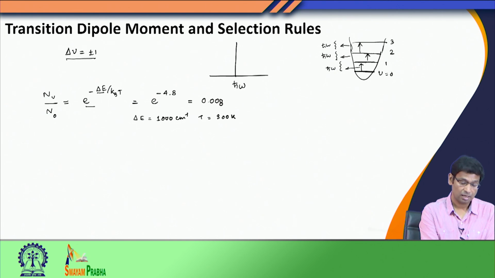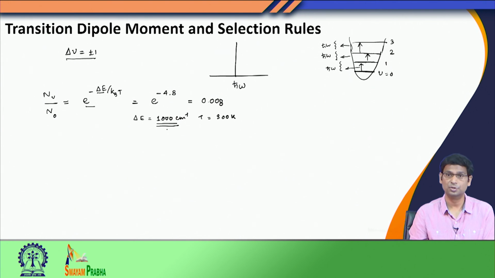So, that means if the energy difference is 1000 wave numbers, which is often the order of the vibrational frequency of a typical vibrational mode, the population at v equals 1 is 0.008 times the population at v equals 0.